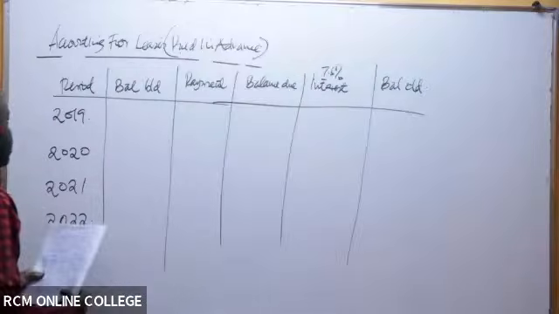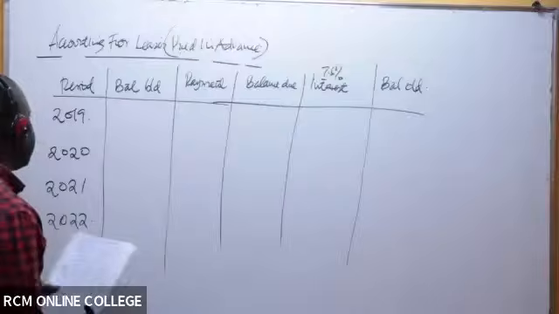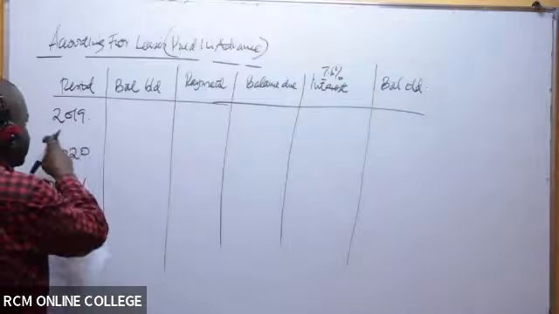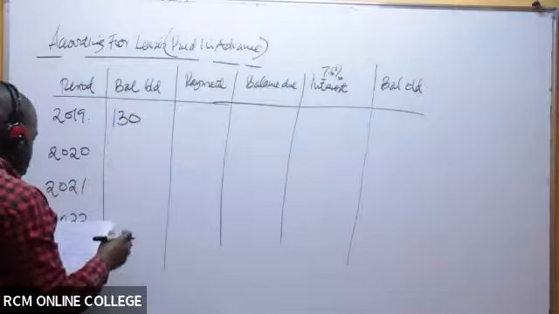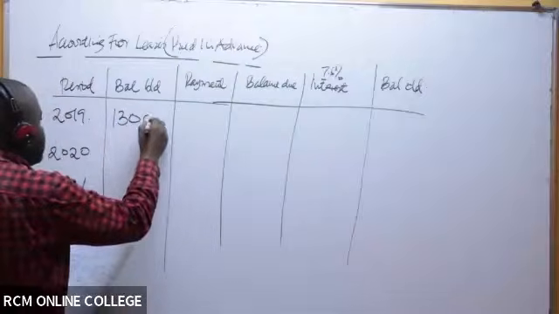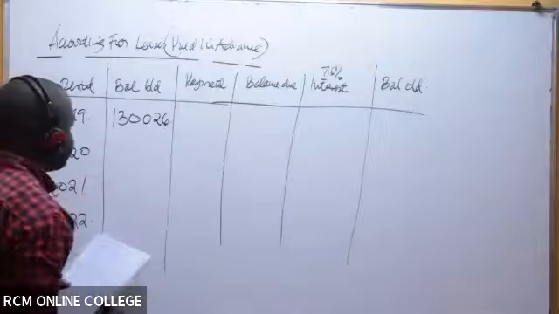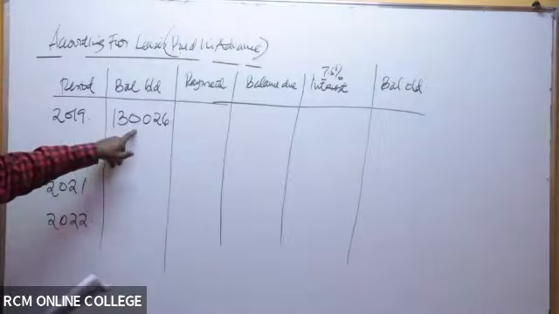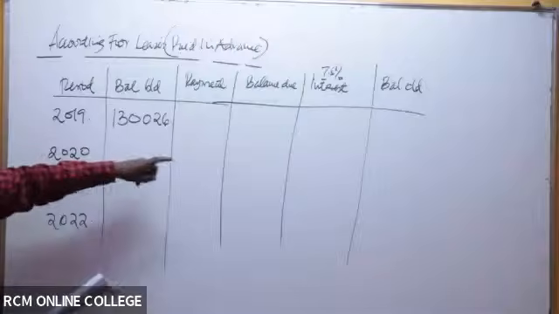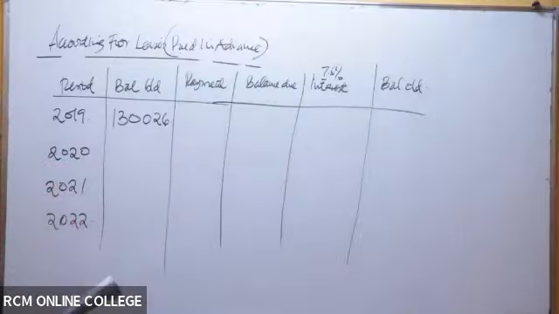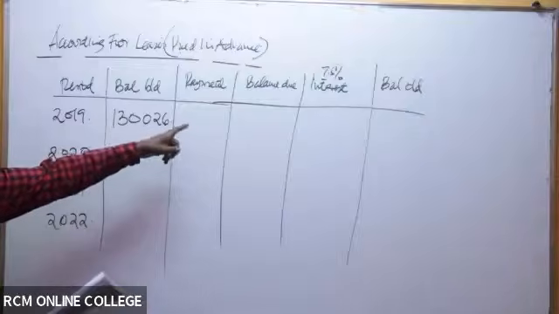So we've been able to calculate the lease liability. The lease liability by the start of 2019 is actually 130,0.26. Remember, this particular lease liability was on the 3 years. So the amount initially had already been paid.